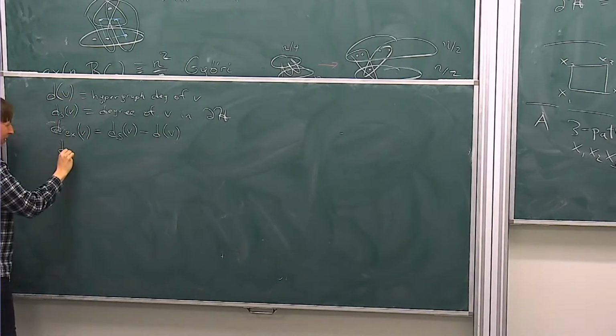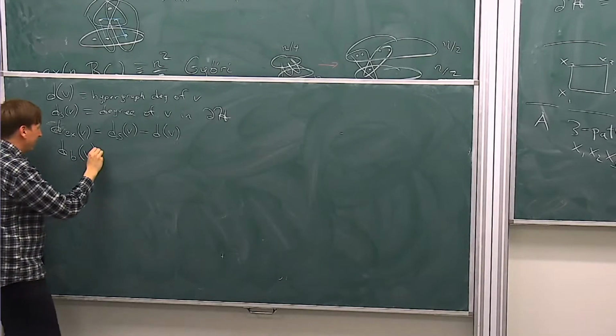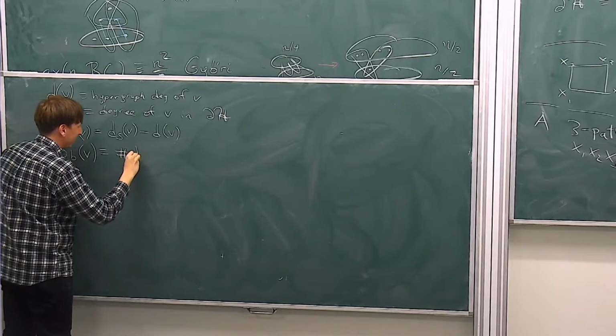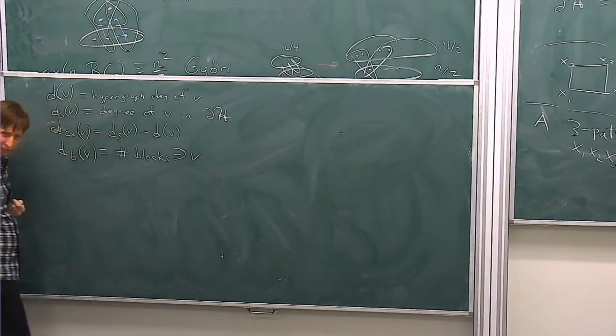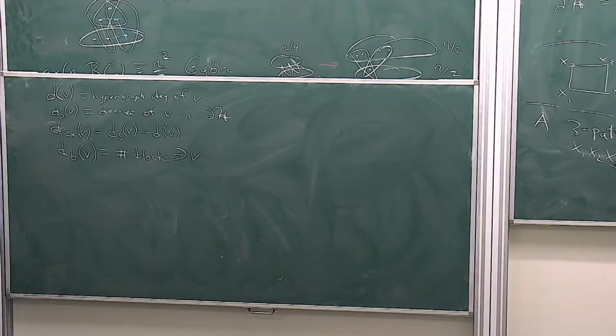And last but not least, the block degree. This will equal the number of blocks which contain v. Is d_ex allowed to be negative? It could be potentially, but it won't be.